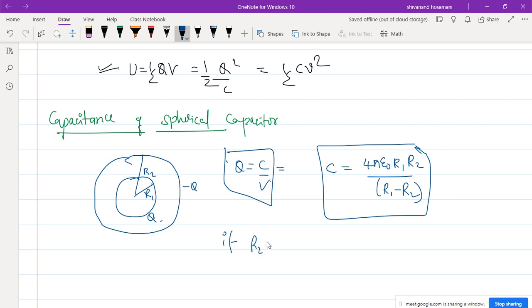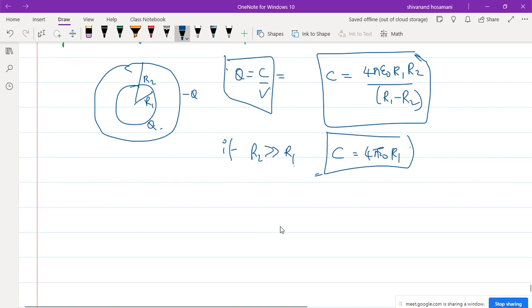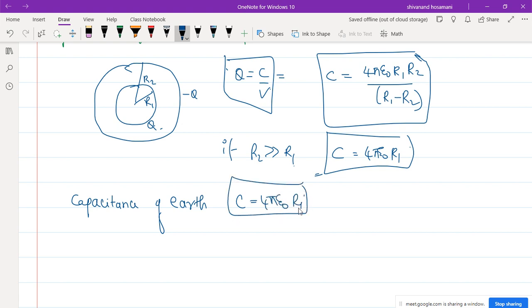If r2 is very high compared to r1, then C is equal to 4 pi epsilon naught r1. Similarly, the capacitance of the earth is given by C equal to 4 pi epsilon naught times the radius of the earth, Re. Is that clear?